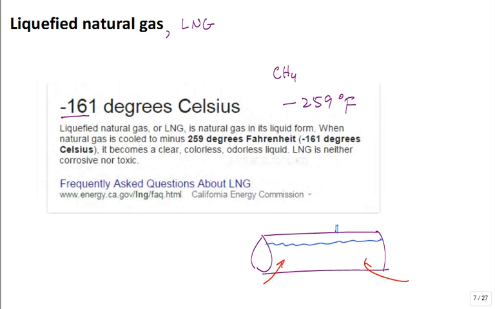You'd minimize that heat transfer by having it insulated, but when it has some heat transfer into it, either you have to vent some natural gas or do something with it to keep the pressure constant. So they could vent it off and use it as a fuel somewhere, or just vent it off into the atmosphere. But if you plug this up and you had heat transfer into it, the pressure is going to go up. You better have a very strong container.